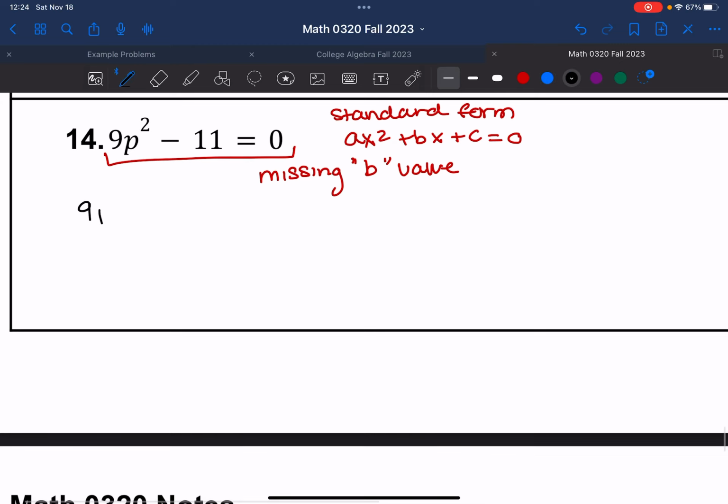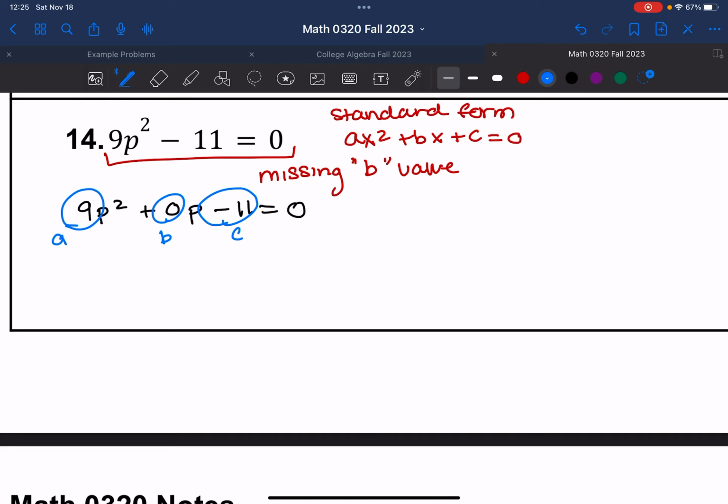So we have 9p squared plus 0p minus 11 equals 0. So that means our A value is 9, our B value is 0, and our C value is that negative 11.